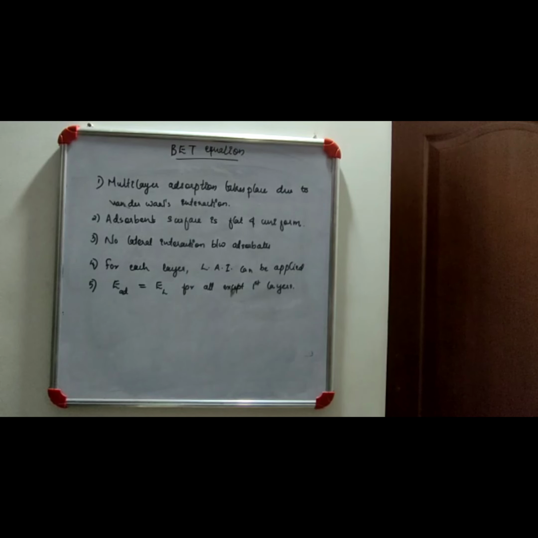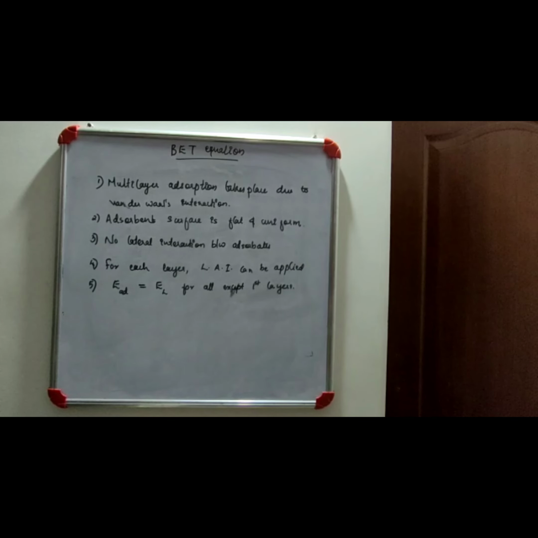In 1938, Stephen Brunauer, Edward Teller and Paul Emmett together suggested the BET equation in order to explain multi-layer adsorption. The basic assumptions in deriving the BET equation are: first, there exists multi-layer adsorption, which is due to the van der Waals force of interaction.